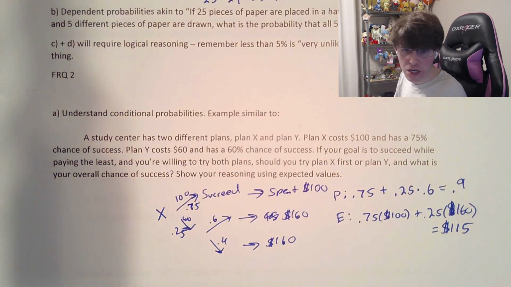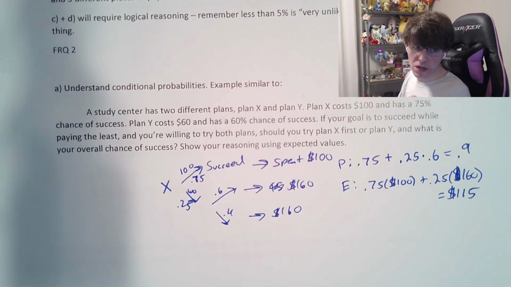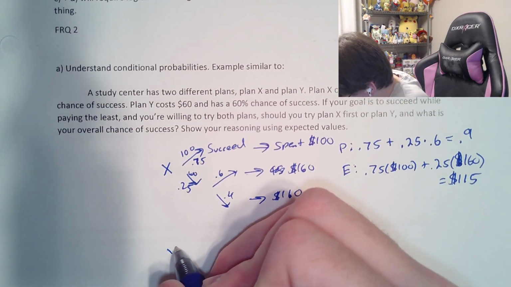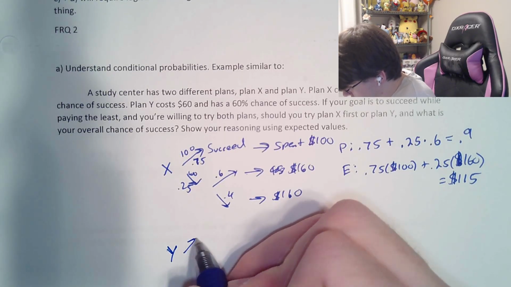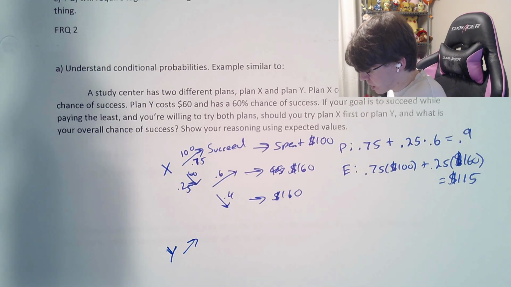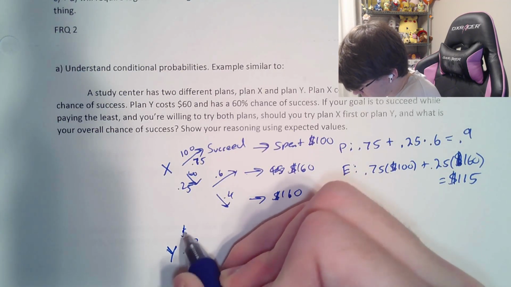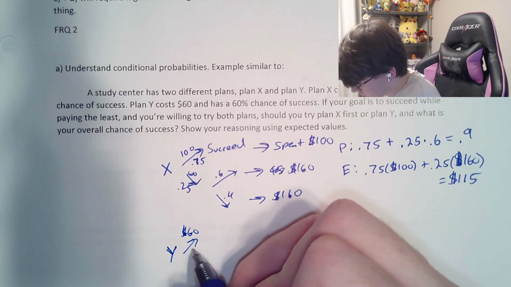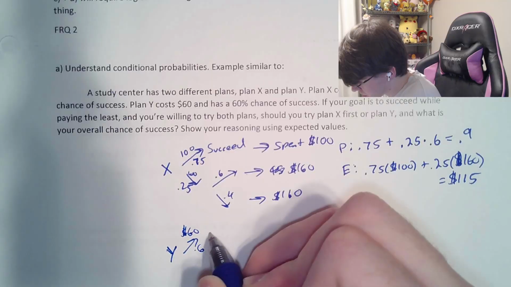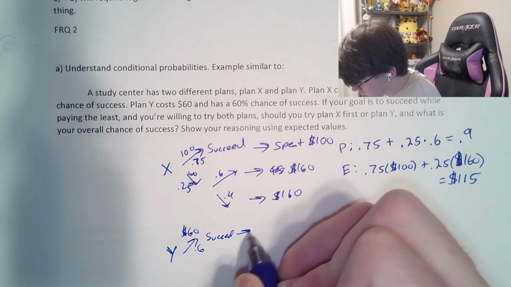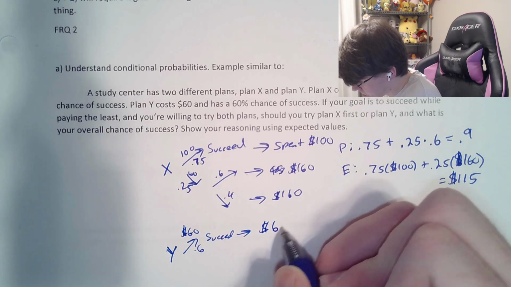It'll be 115. You're doing exactly the same thing for Plan Y first. If you do Plan Y first, you're going to spend $60 with a 60% chance of success, and you succeeded and you spent $60.